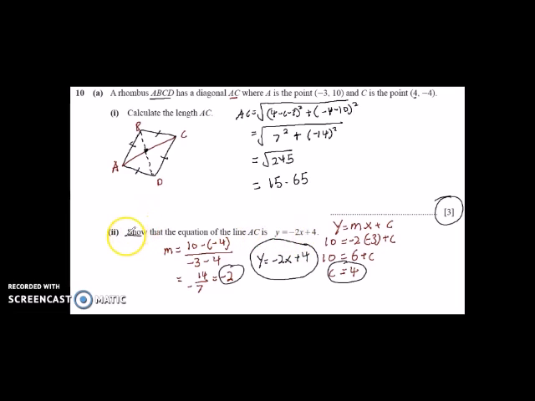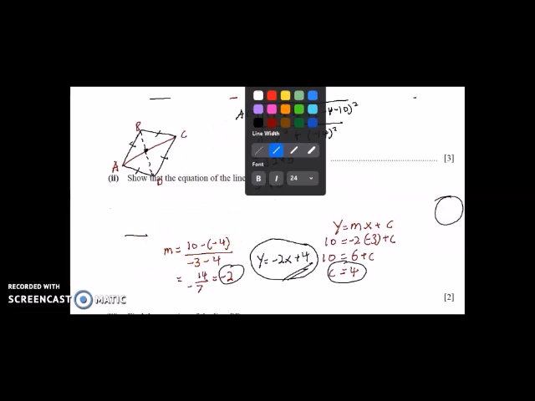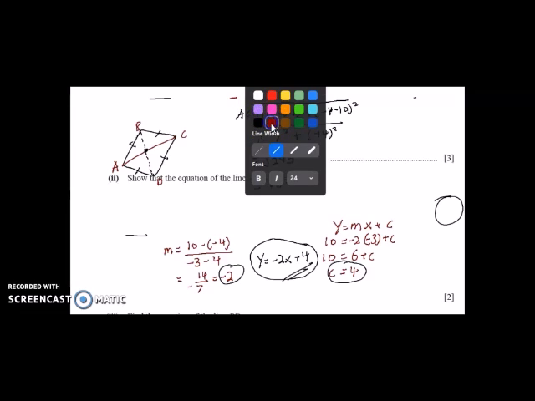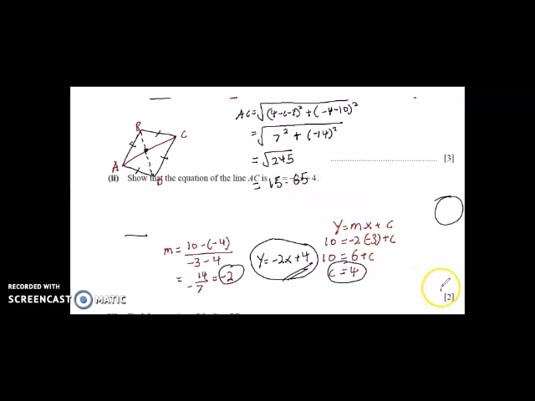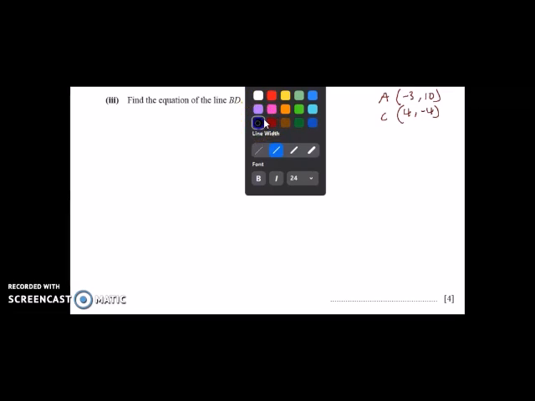So it means you have shown the question, that you have managed to get this answer, and for this question you will be receiving 2 marks. So it's 2 marks for showing the equation is correct.